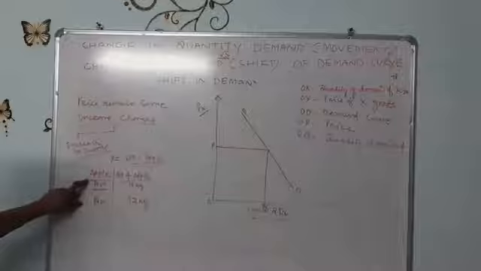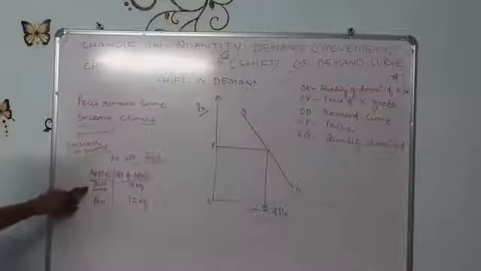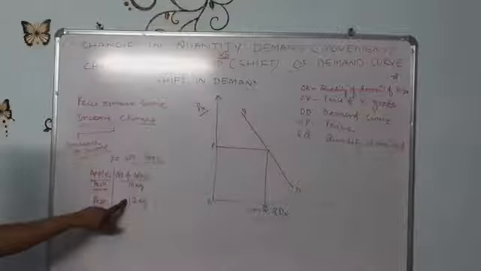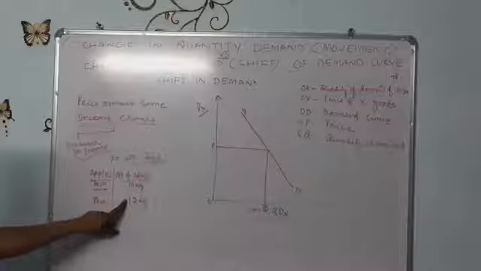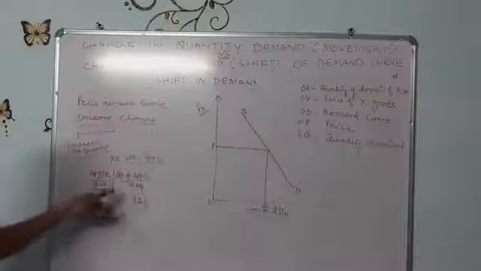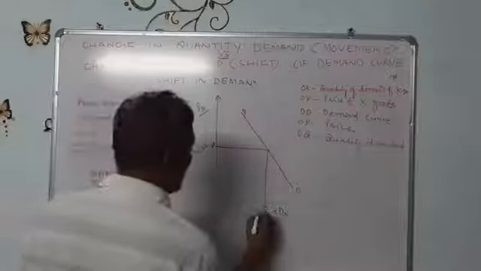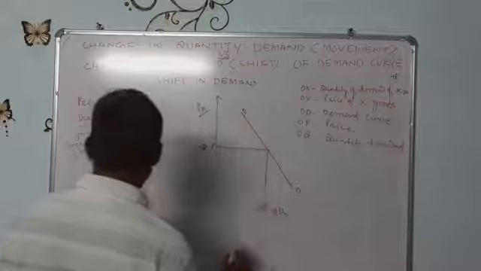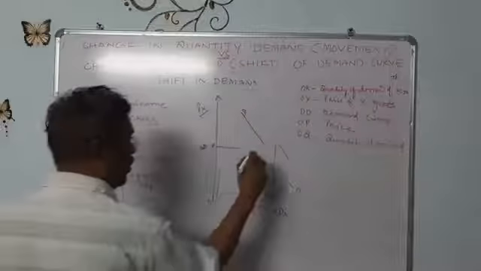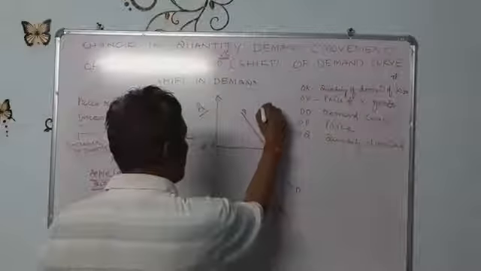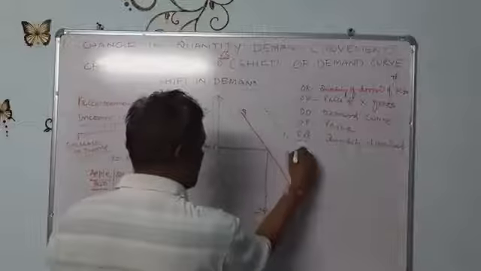The price remains the same, yet the quantity demanded of apple is increasing. So on the same price the demand increases.